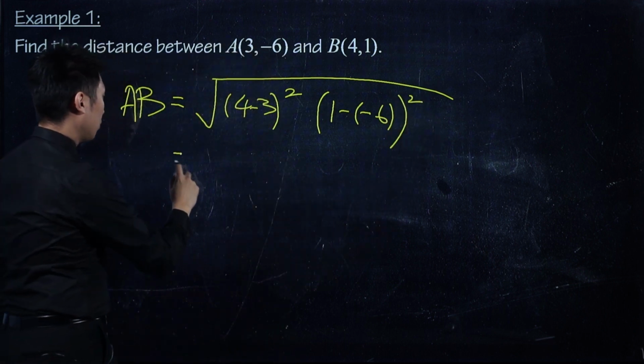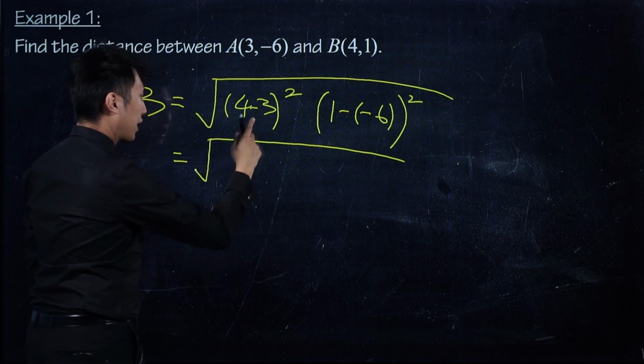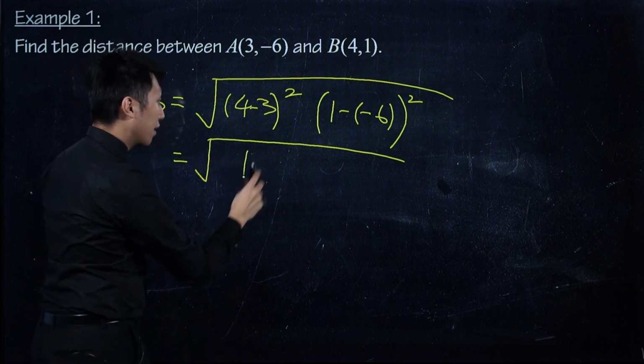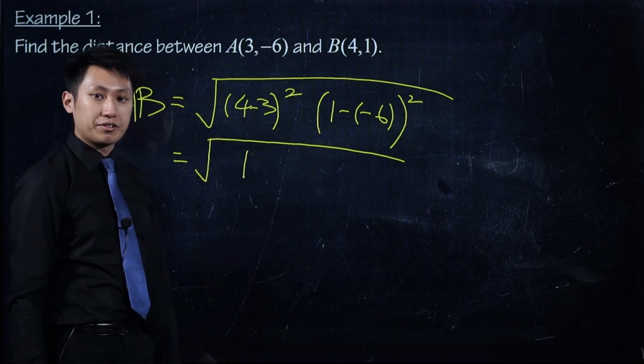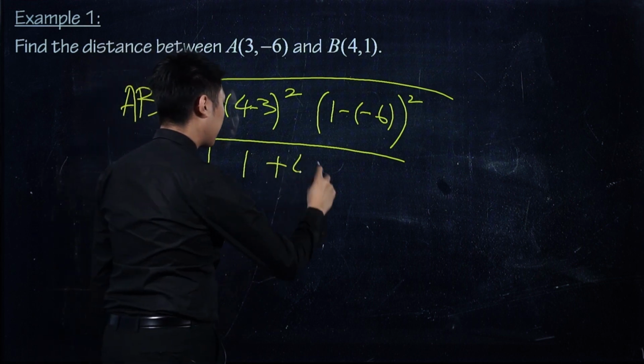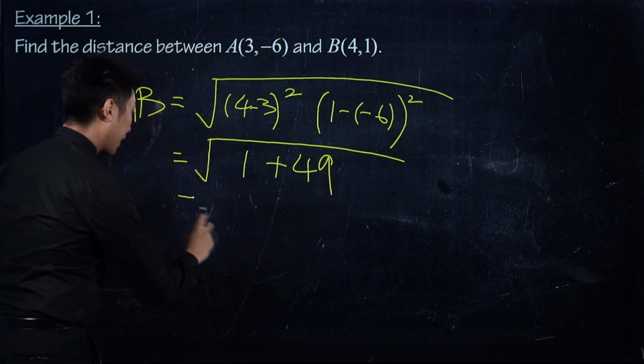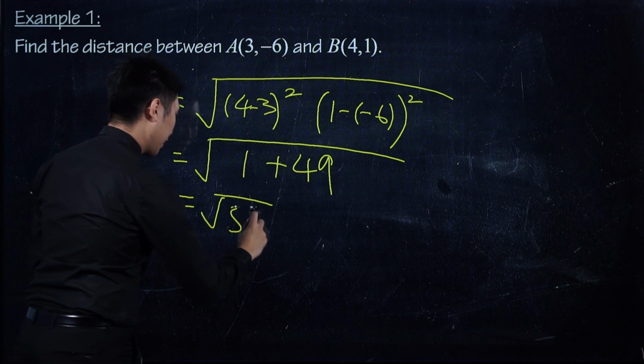So what do I get? I get 1 squared, which is still 1, and then 7 squared, which is 49, so 1 plus 49, and I will get square root of 50.